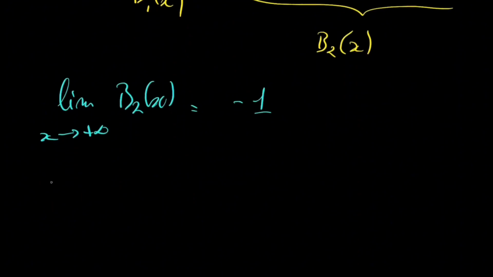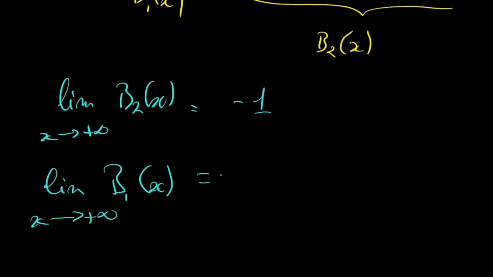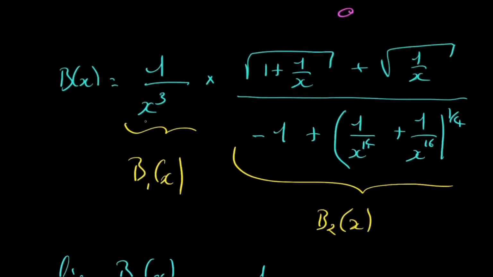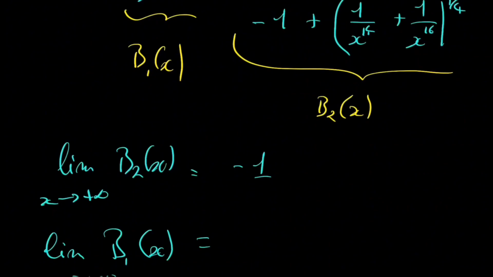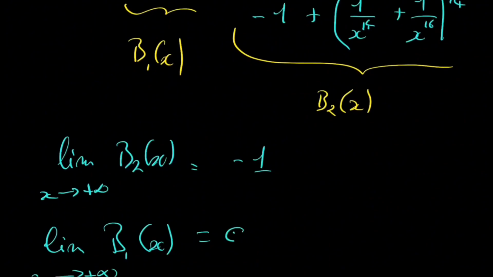The limit of b1 of x when x tends to plus infinity is easily 0, since 1 over something that tends to infinity is equal to 0.